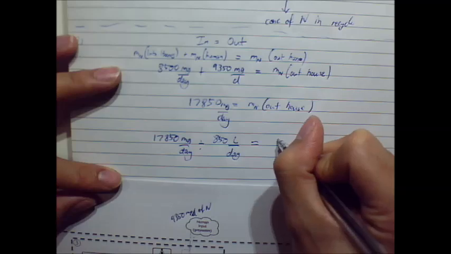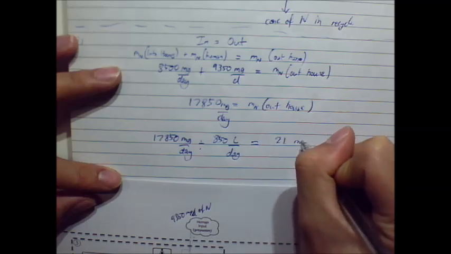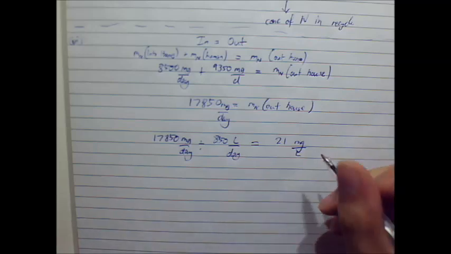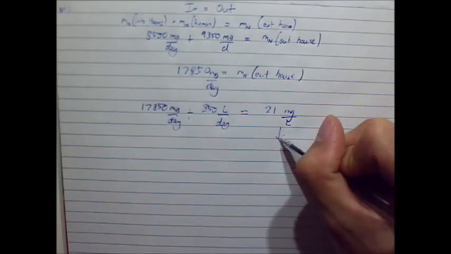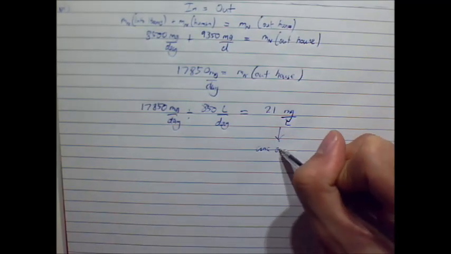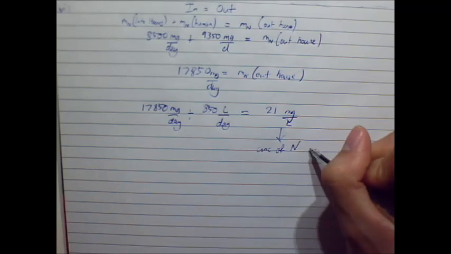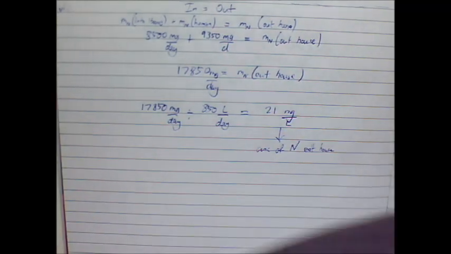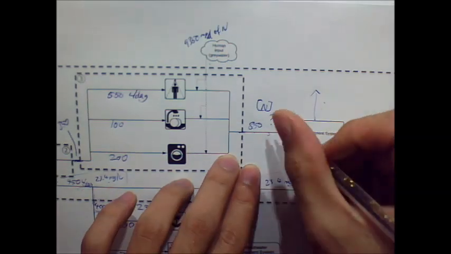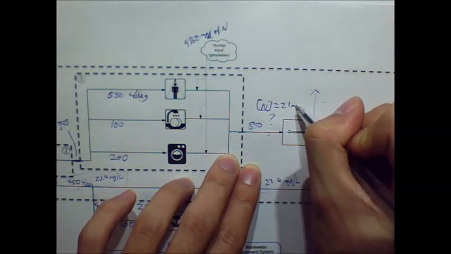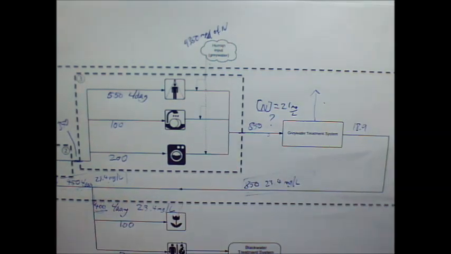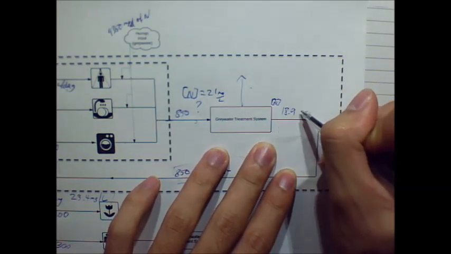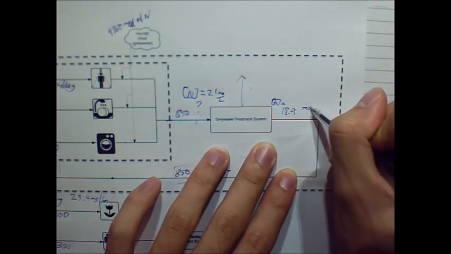This will give us 21 milligrams per liter. And so here we have the concentration of nitrogen exiting the house. So we've just worked out that this one is equal to 21 milligrams per liter. Over here we have a nitrogen concentration of 18.9 milligrams per litre.